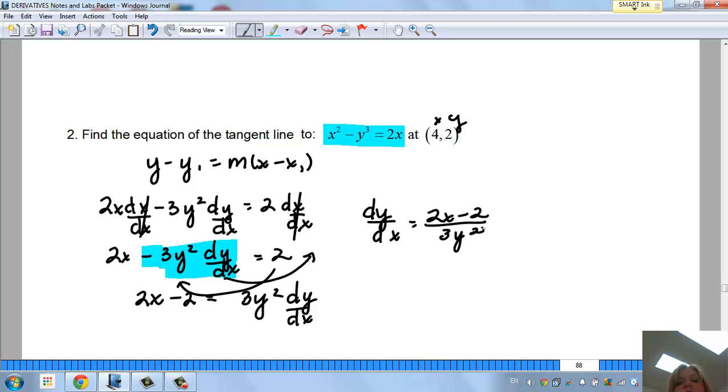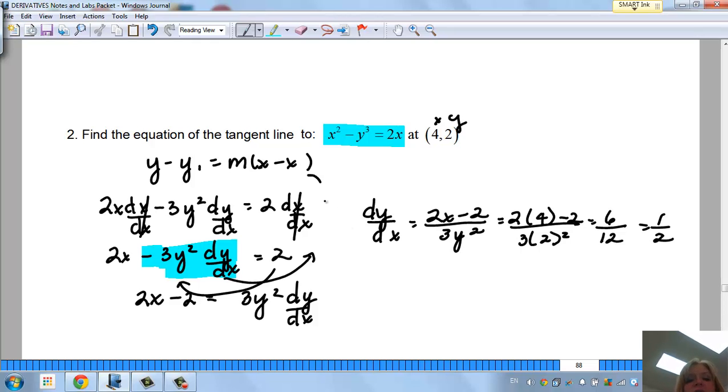Now we're going to plug in the point, the x and the y. So again, you have 2 times 4 minus 2 over 3 times 2 squared. So that's 8 minus 2 is 6, and 4 times 3 is 12. So the slope is 1/2 at the point 4, 2, and then we just plug it into our formula.